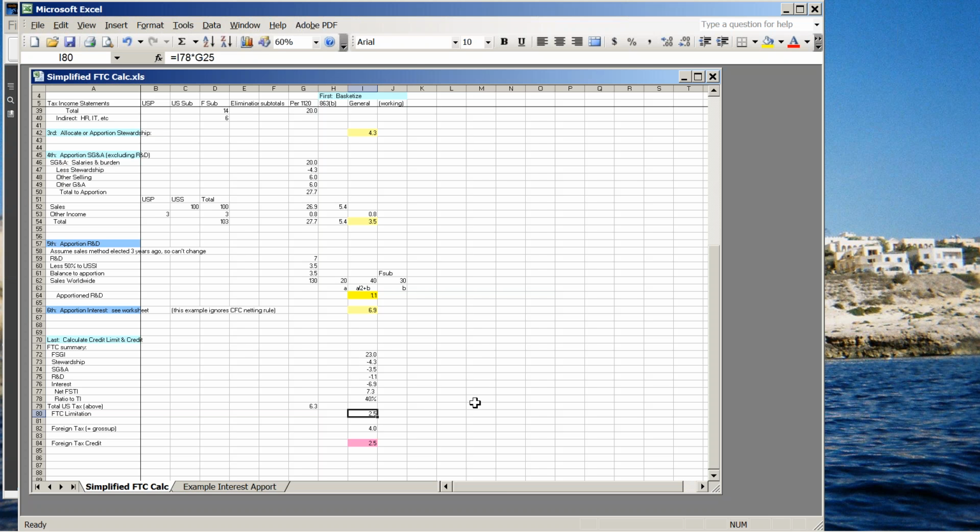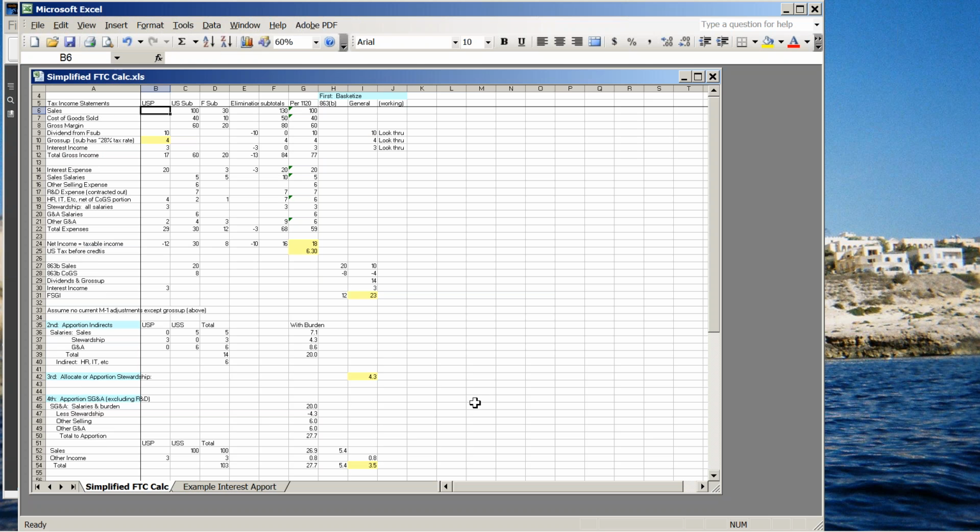Now, I want to show you one of the facts again, in case you didn't focus on it. All of this is coming through our foreign subsidiary. You might say at this point, oh, the problem is the foreign sub is in a high tax jurisdiction. No, it's not. The sub has a tax rate of only about 28%.